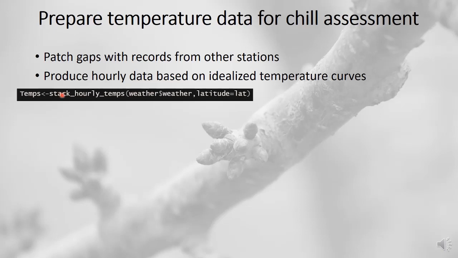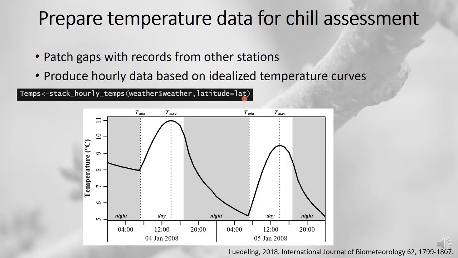You see stack hourly temperatures here applied to the weather record, and in addition to that, provided with the latitude, because that's important for knowing when the sun sets and when the sun rises. You get a temperature curve here that reflects the way that temperatures usually develop during the day.